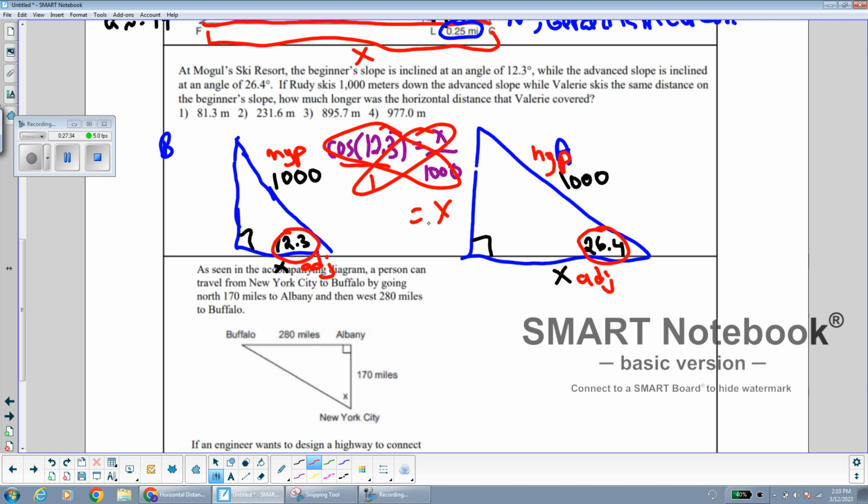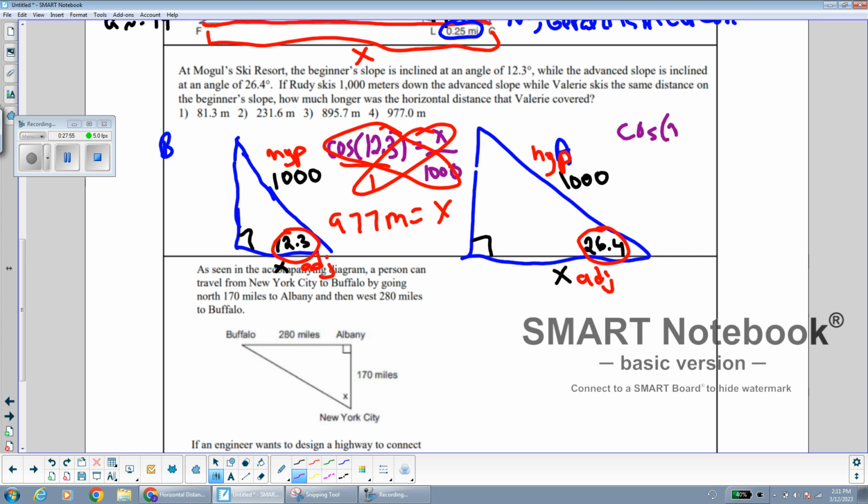So x is equal to 1,000 times cosine of 12.3. That's about 977 meters. Now let's set up over here.